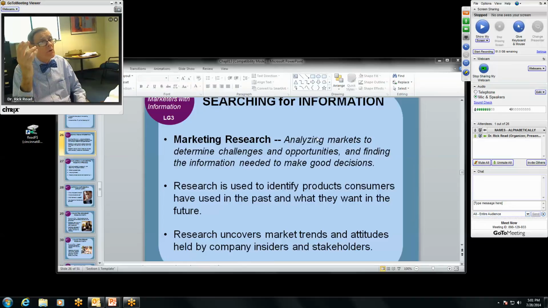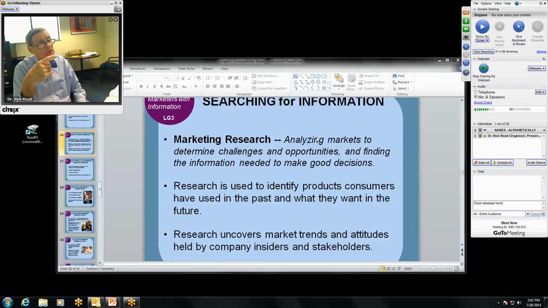So you have to find the information that you need. And remember, until you make sense of what you have, it is just so much data. And you have to interpret that data to change it into meaningful information. So here, notice the slide: identify products that consumers have used previously and now what they want, what they're looking for.